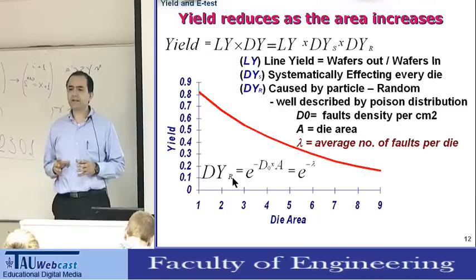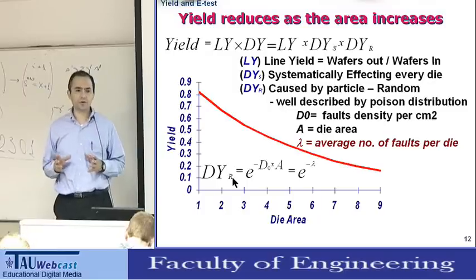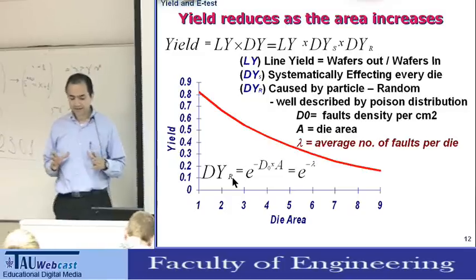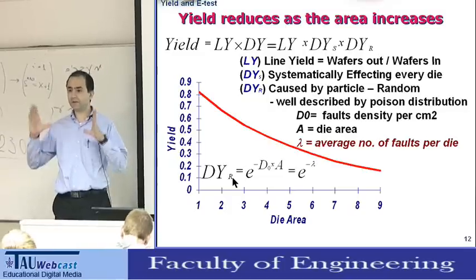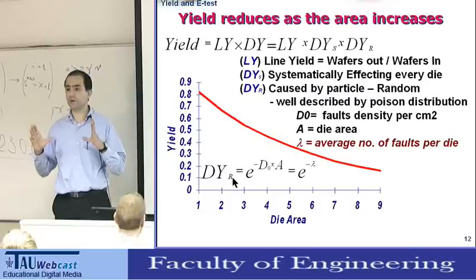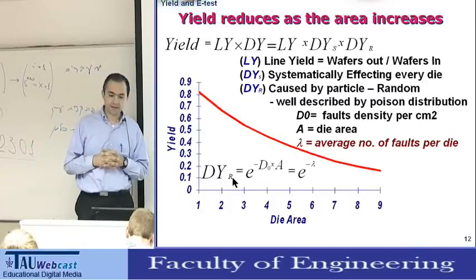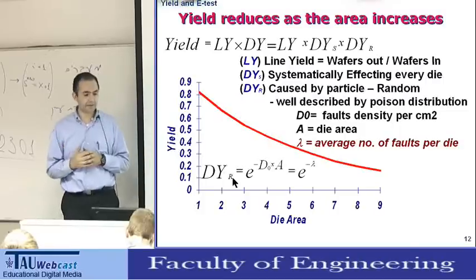So when we look at the random yield, we see that there is a dependency of the random die yield on the die size. If the die is bigger, the yield is lower. And I'll show you an example in a moment.